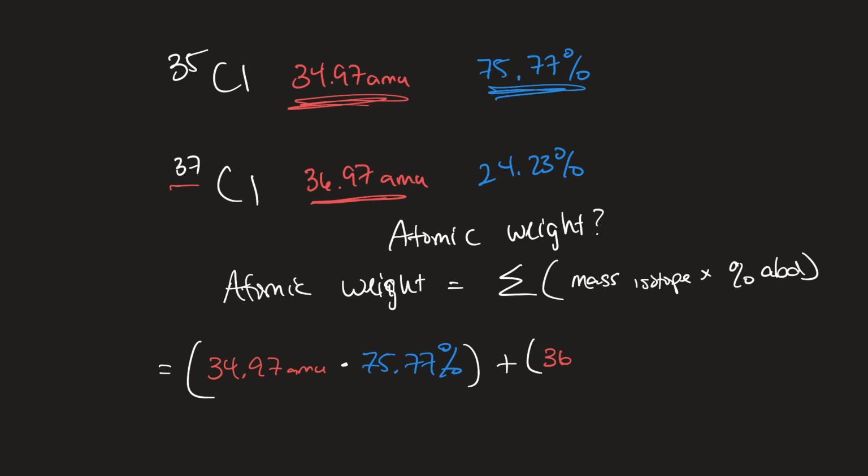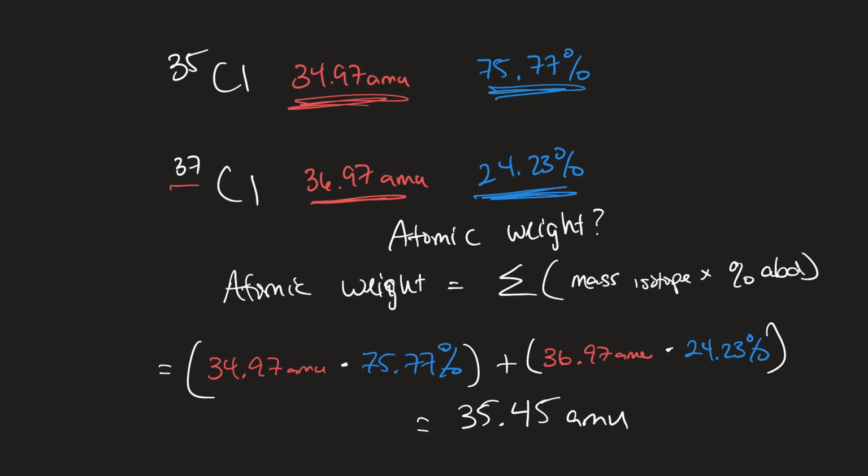So the mass is 36.97 AMU, multiplied by its percent abundance, which is 24.23%. So when you multiply the mass of the isotopes and its percent abundance for each of them, and you add them together, you should get 35.45 AMU.